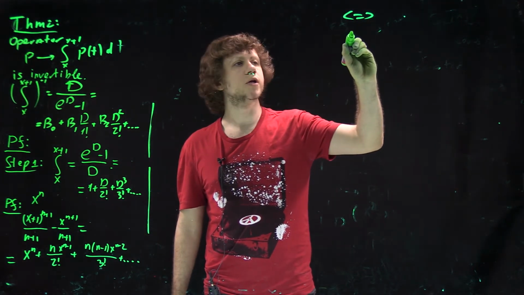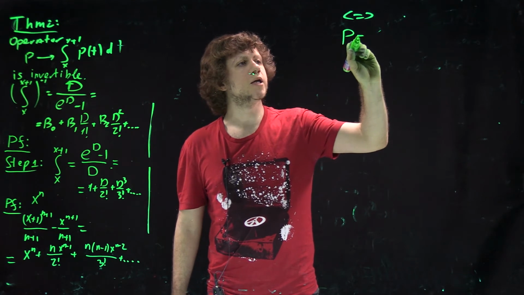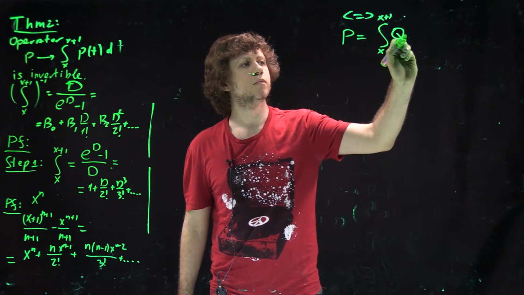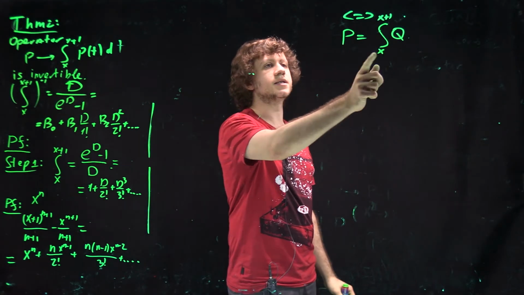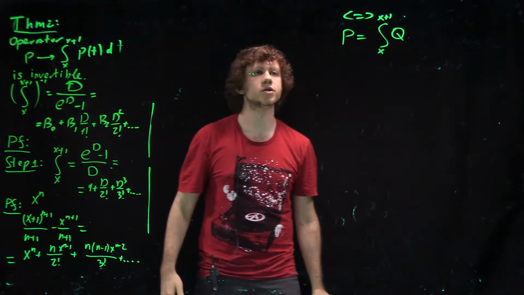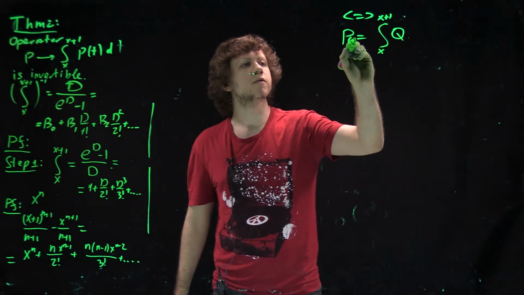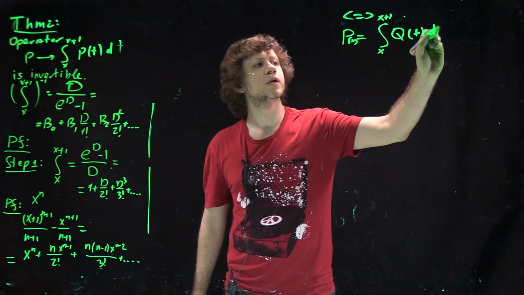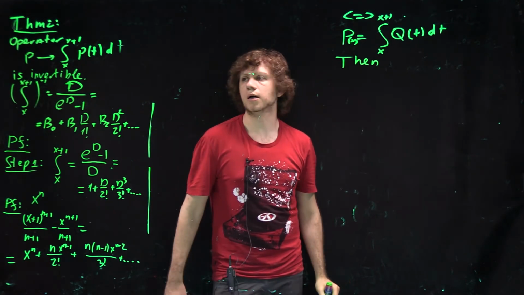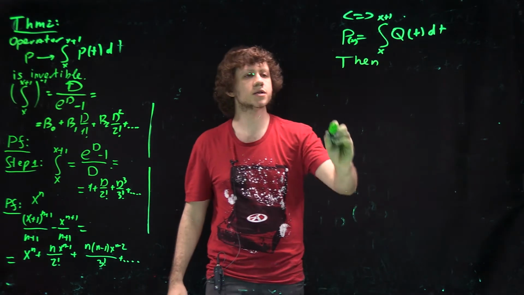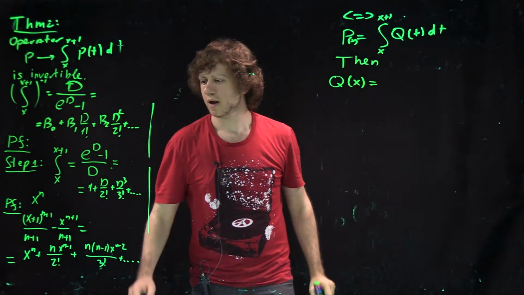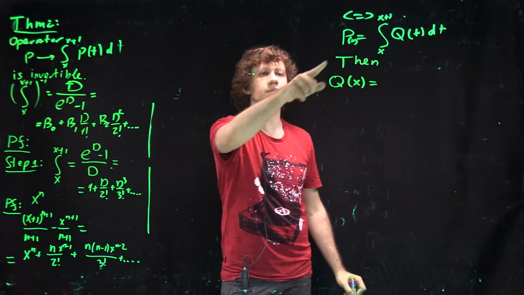Suppose you have two polynomials, and suppose you know that P equals the integral from x to x plus 1 of Q. This is just an equality of two functions, with the usual integral, everything depending on x, and this is Q(t) dt. And the claim is that then you can take the inverse, and what it means is Q(x) equals this thing applied to P(x).